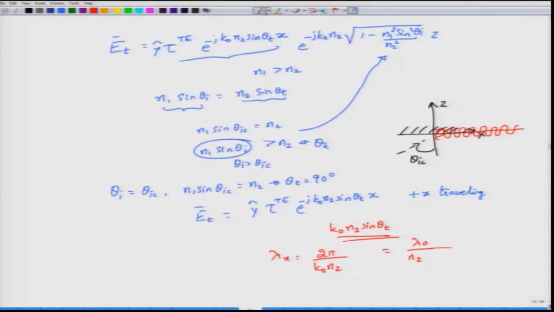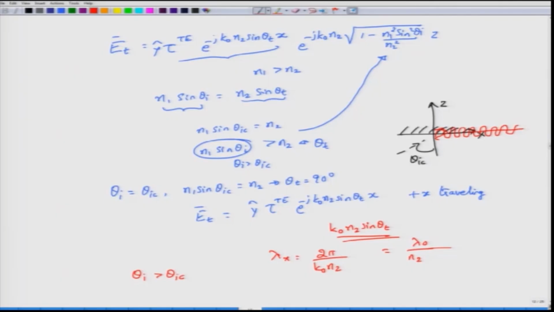So, it is very interesting that the wave is actually propagating along the interface at theta i equal to theta ic. What happens when theta i is greater than theta ic? Then n1 sin theta i divided by n2 becomes greater than 1, and the radical inside the square root becomes negative, and overall this will become complex.